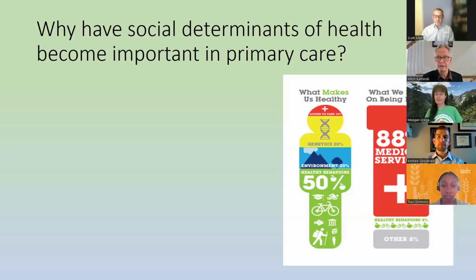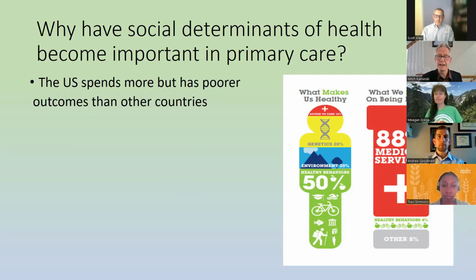Even though we spend 88 cents on the dollar for medical services, we can see that healthy behaviors, environment, some genetics, but the social determinants of health are far more important. We also know that the United States spends more money than any other advanced country for healthcare, but has poorer outcomes than most of those other countries.